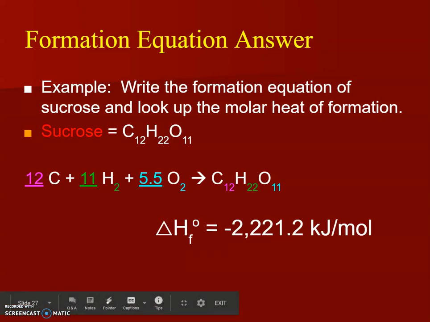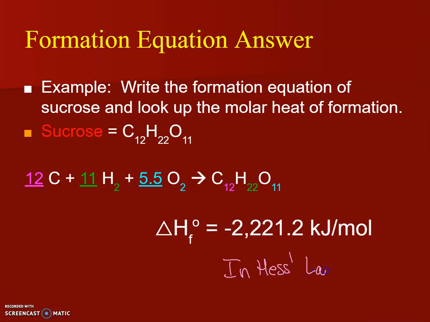So you'll see over here, sucrose is C12H22O11, and I need 12 carbons, 11 H2s, and 5.5 O2s to make C12H22O11. And you'll see that this value right here would then be used in Hess's law.